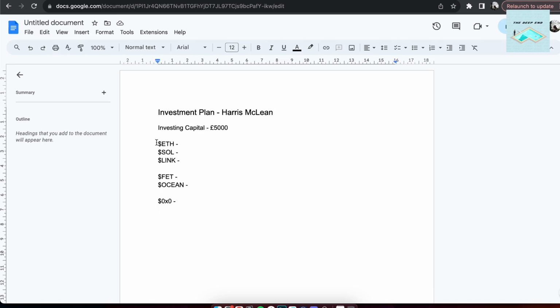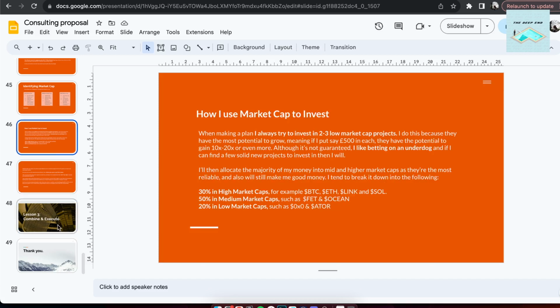And will we keep it at that? It's not a bad looking portfolio. Yeah, we'll keep it at that for just now. So there's 6 things that we want to invest in, and this section is my mid to high cap that I was talking about in the course.